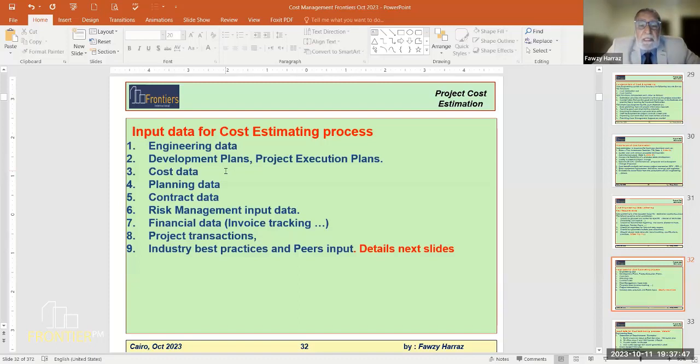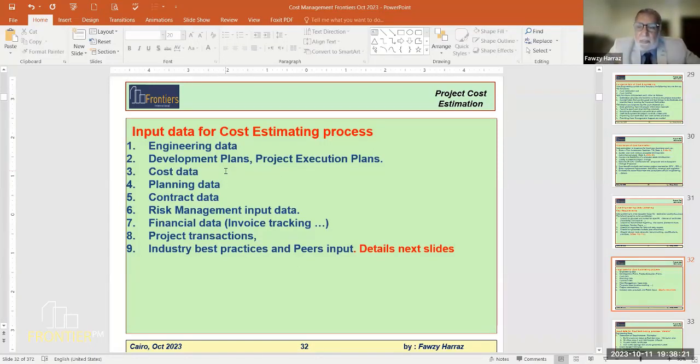Risk management input data. For each estimate, on top of the base estimate figure, the definitive figures or the dry cost items, we have to add a contingency. That contingency covers the risks that happen with every project. So risk management input is simply advising how much contingency to add.